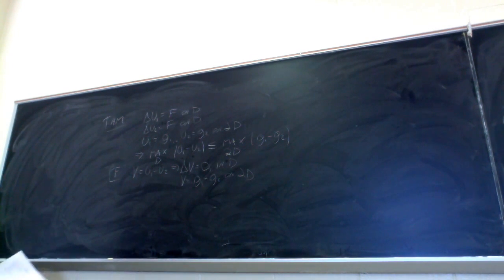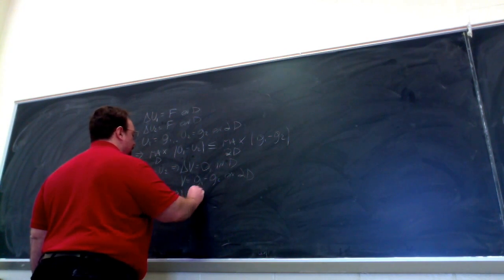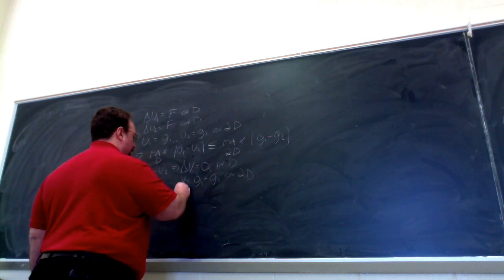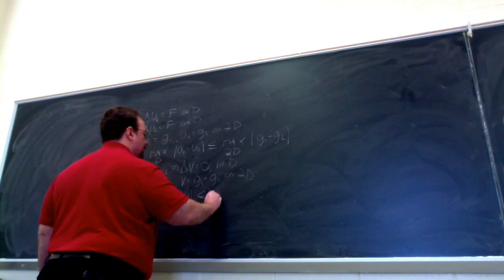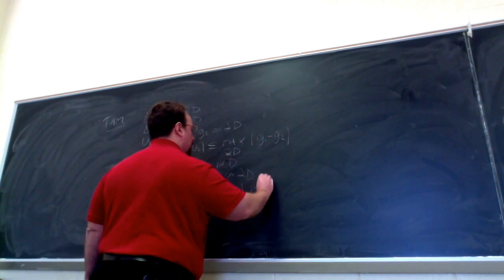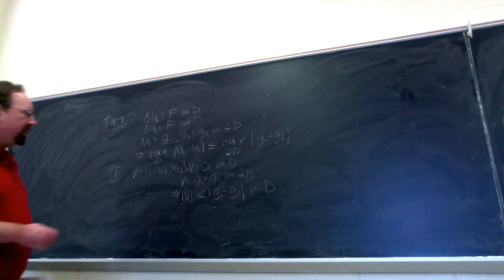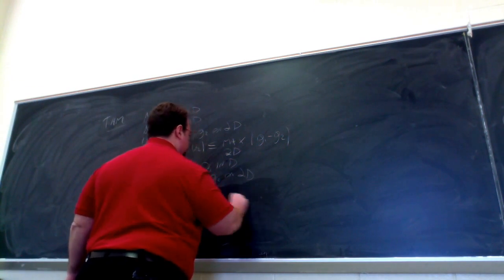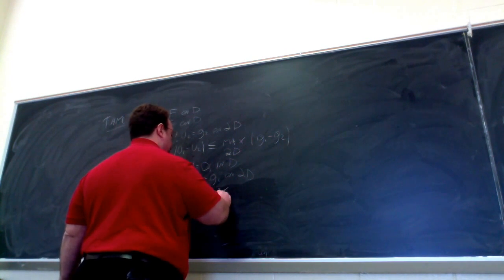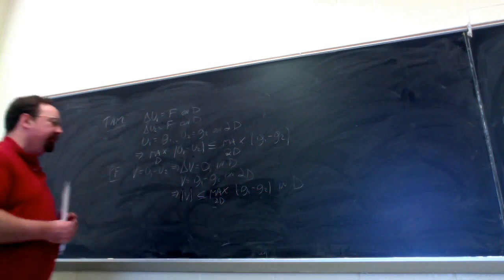And again, the maximum and minimum must be assumed on the boundary, so that means V is constrained by the absolute value of a difference in the interior. And that's the proof. Sorry, I need to say the maximum of this difference on the boundary.